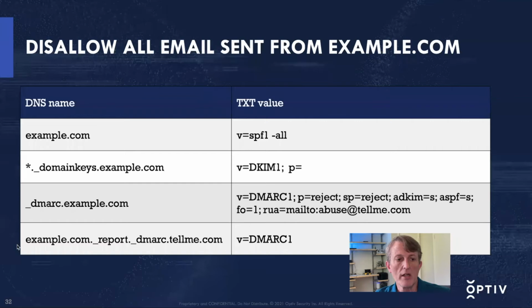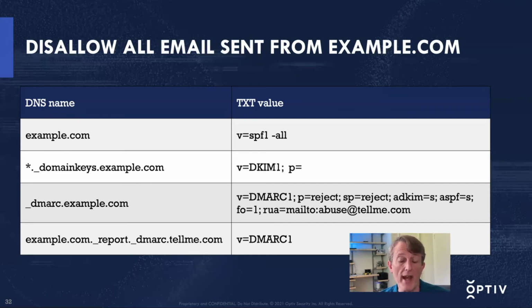So there are versions of these configuration items in DNS that you can set up, essentially a negative SPF, DKIM, and DMARC configuration for your server. So you may want to send the emails to some other domain.